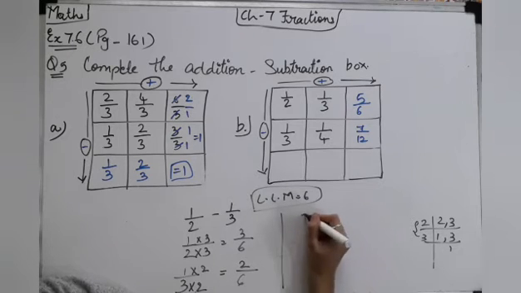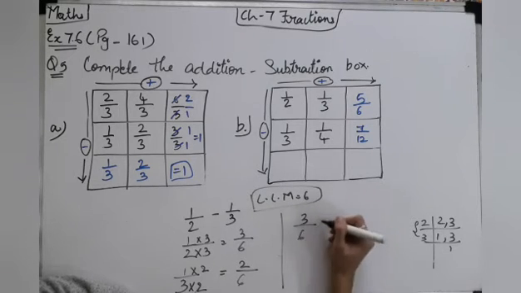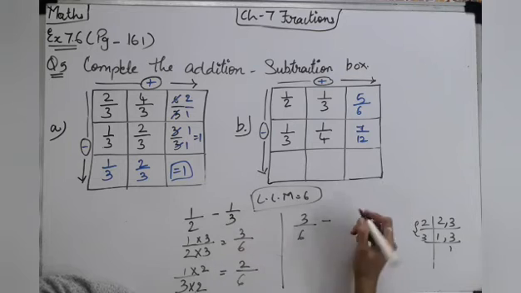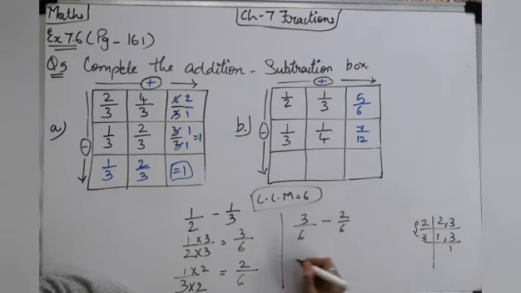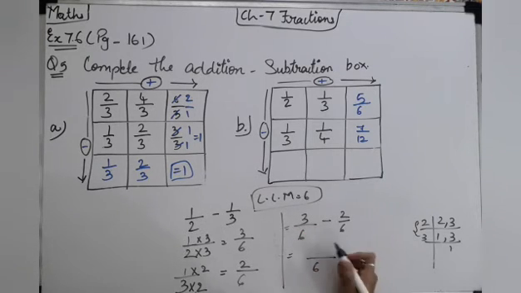I got the answer 3 upon 6 minus 2 upon 6. Denominators are the same, so I'll put 6, and 3 minus 2 is 1. So 1 upon 6 is our answer.